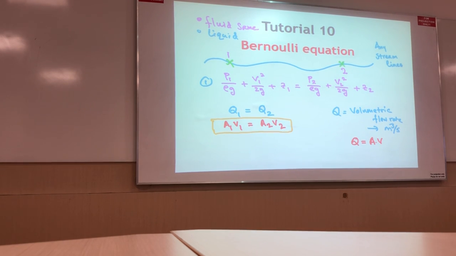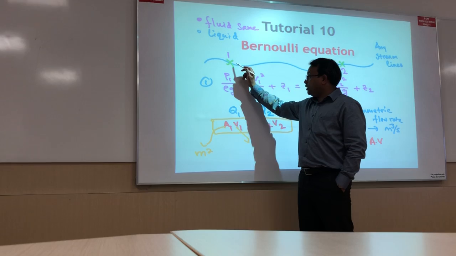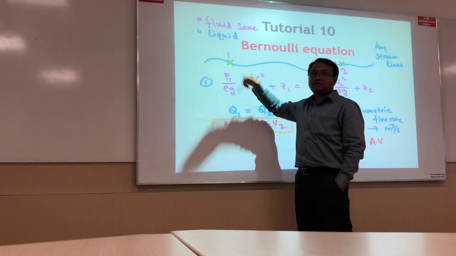A indicates the cross-sectional area, unit is meter square. And V1 is the velocity, its unit is meter per second. Okay, so you can see at that point, if the cross-sectional area of the flow are same, right?